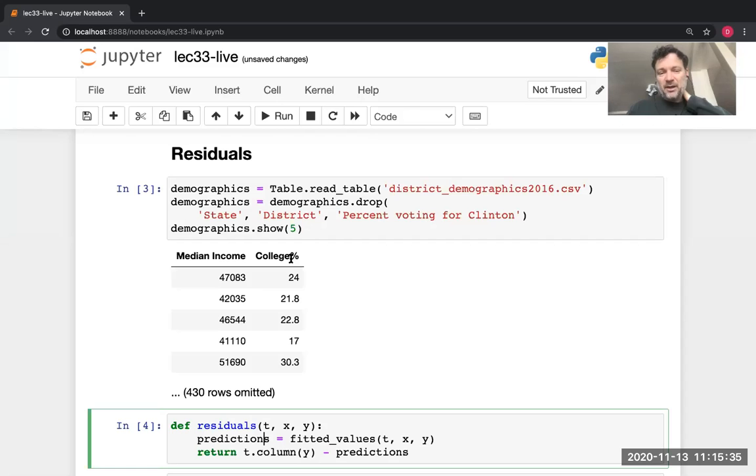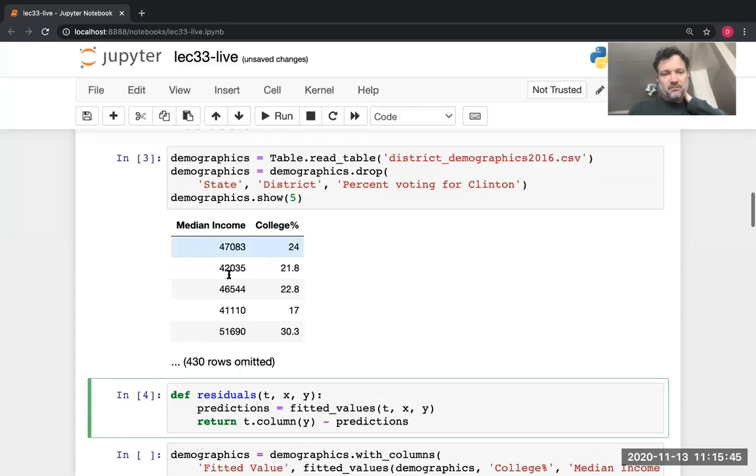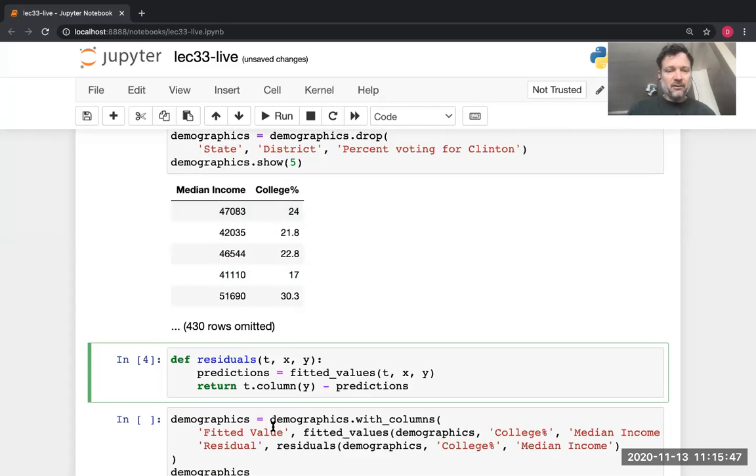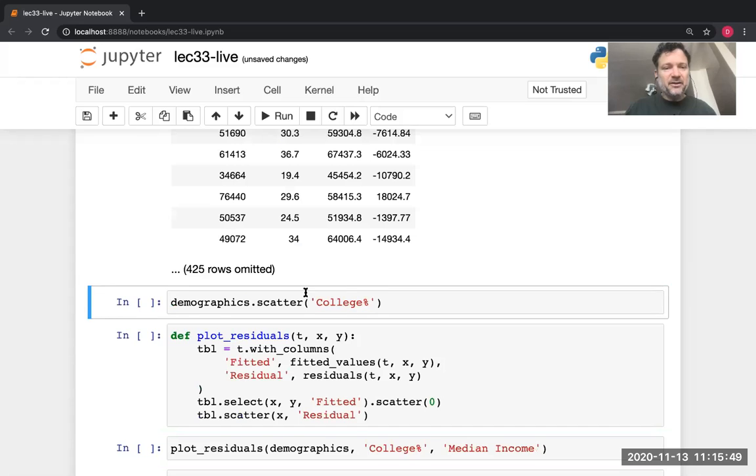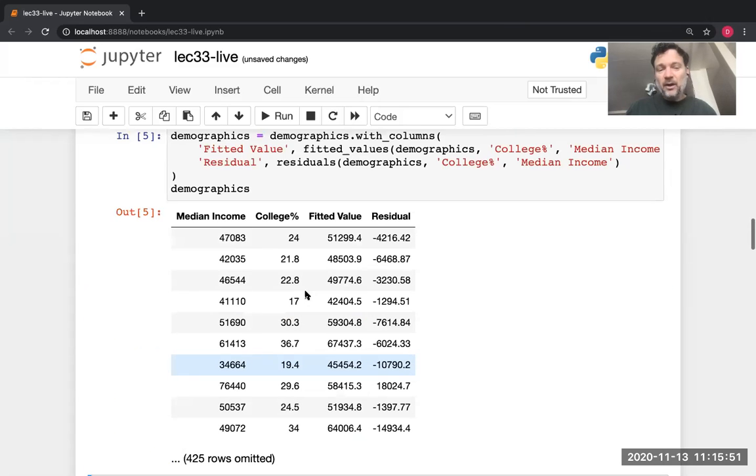So we're going to compute the prediction for each row, the predicted income. And then the residual is the difference between the actual income minus the predicted income. And we're going to compute that for every row, and then we're going to fill in a new table. And this new table will have the prediction, the value obtained from the best fit line, and the residual, that's the error in our prediction.